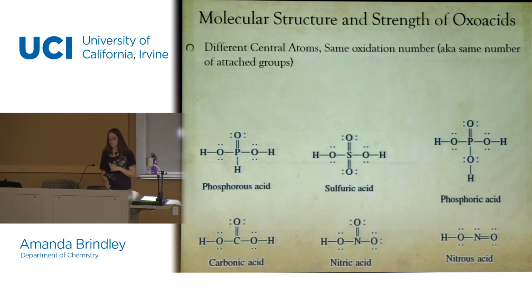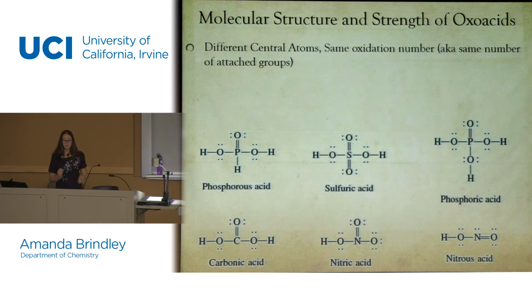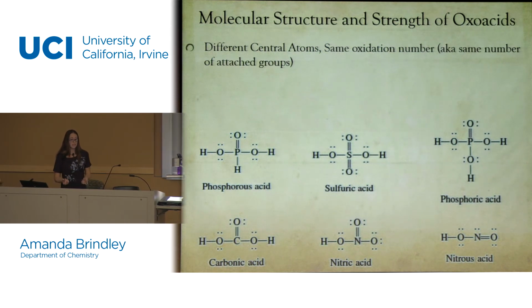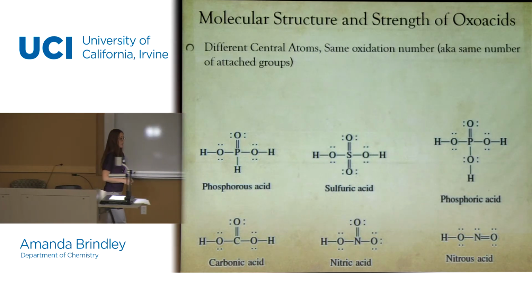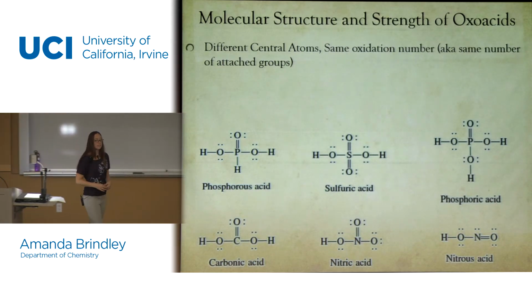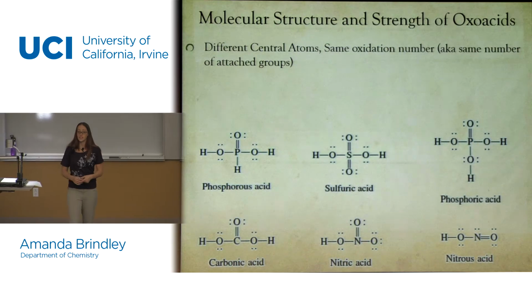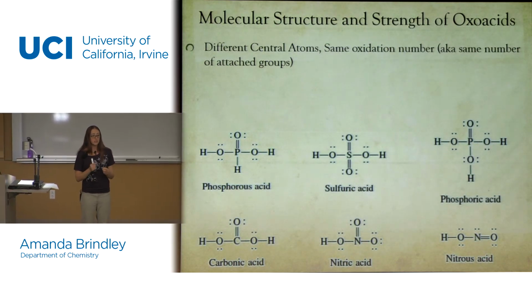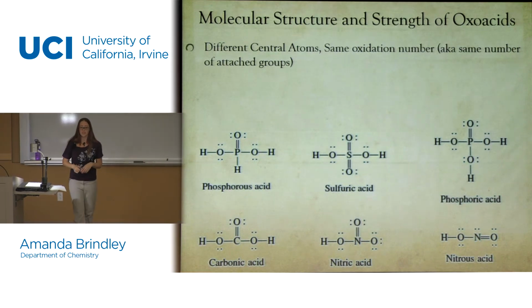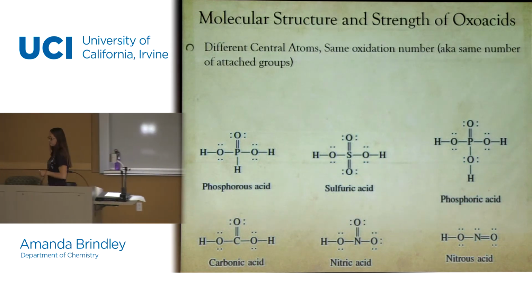So first, let's look at this one. Let's look at a case where we have different central atoms, but same oxidation number. We don't really know about oxidation numbers yet. And thankfully, we don't really have to for this section, because we can do a little bit of a simplification cheat sheet around it, which we'll use until we actually learn about oxidation numbers later on.